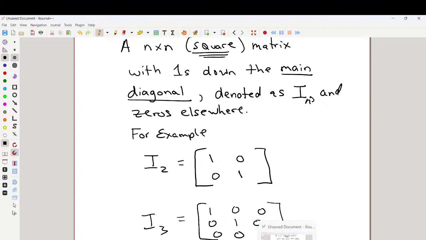Furthermore, 1 over 8 was 8 to the negative 1. That's the same thing. And in function world, a function and its inverse has that notation. So in matrix world, A times its inverse has to give us 1, 0, 0, 1, however many. Has to give you back the identity.